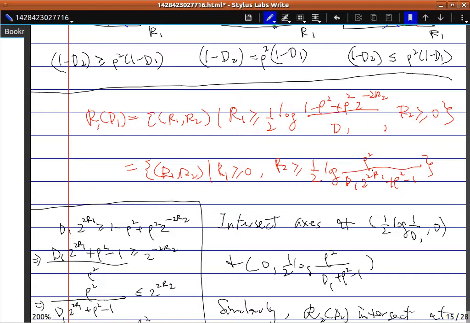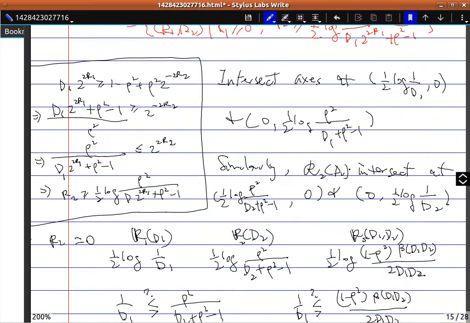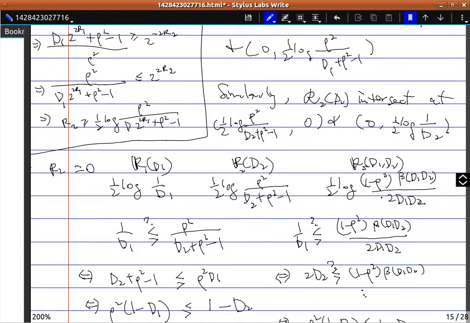That's this case here. Basically, what I did is I set R2 to be 0 for this one, and I set R1 to be 0 for this one. And similarly, I will have the intersection for R2, the boundary of R2, at these 2 points here.